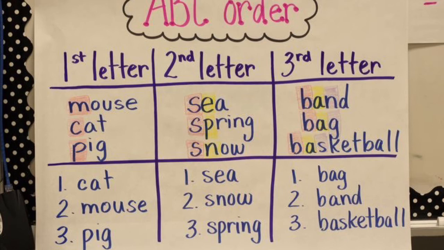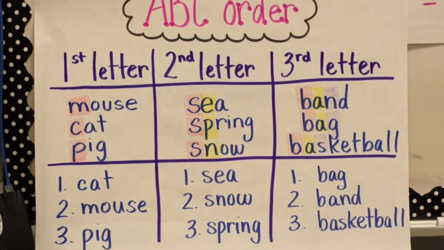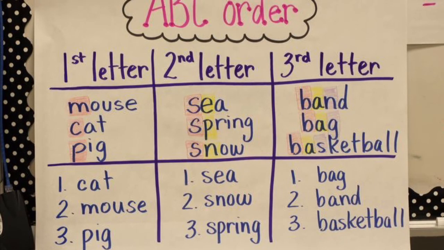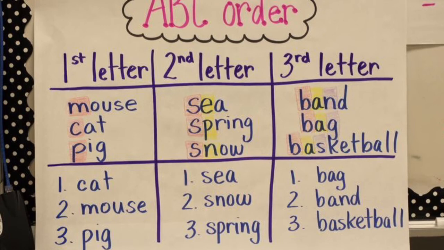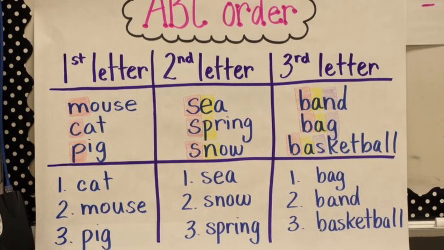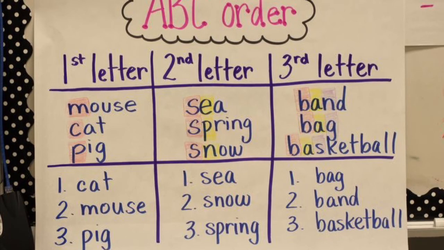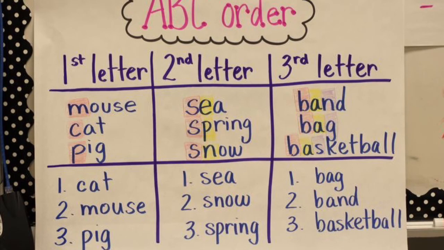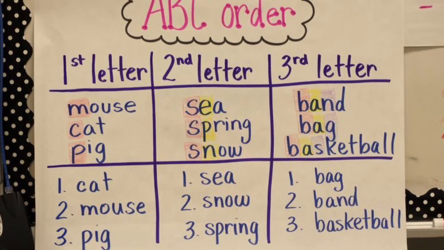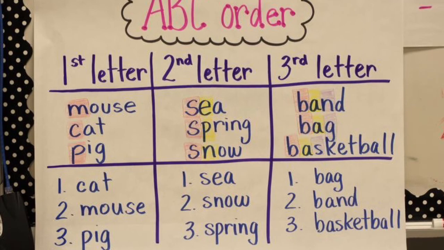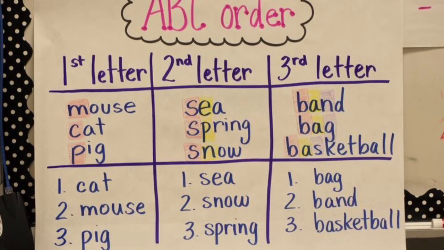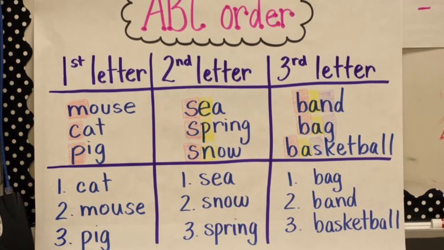Now we have to arrange it. First will be C, second will be snow, third will be spring. Now third letter: two letters are the same, band, bag, basketball. All three words start with BA, BA, BA. So which word will come first here? Bag, then band, and then basketball.